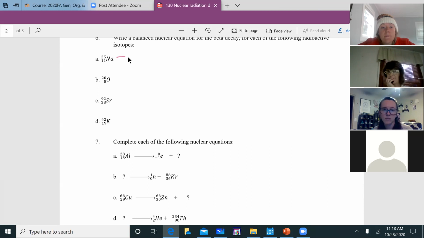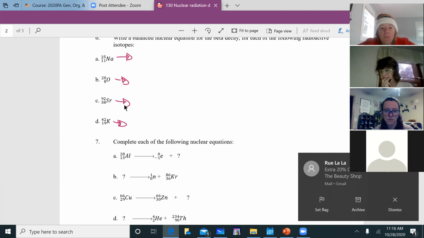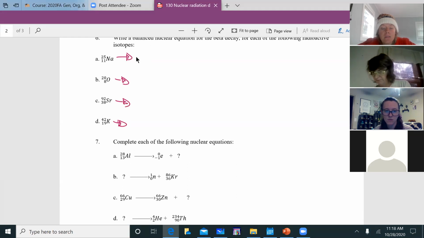Okay, so for this one, and really for every single one of these, because it's in the section talking about beta decay, you can put a beta particle as the first thing that's emitted. So we've got a mass of 0, charge of -1, and it's an electron.